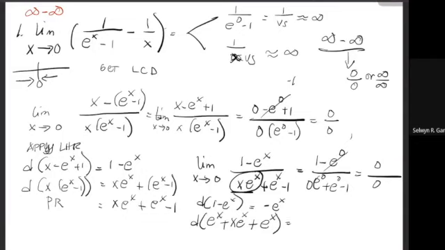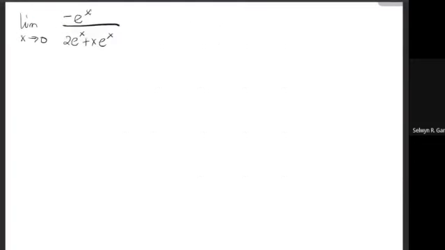Which means we have here 2e to the x plus x e to the x. Still 0 over 0 when we substitute the value of x equals 0 to all the x's. So we have 2e to the 0 plus, definitely this is 0. Which means we have negative 1 over, this is 1. So the answer is negative 1/2.